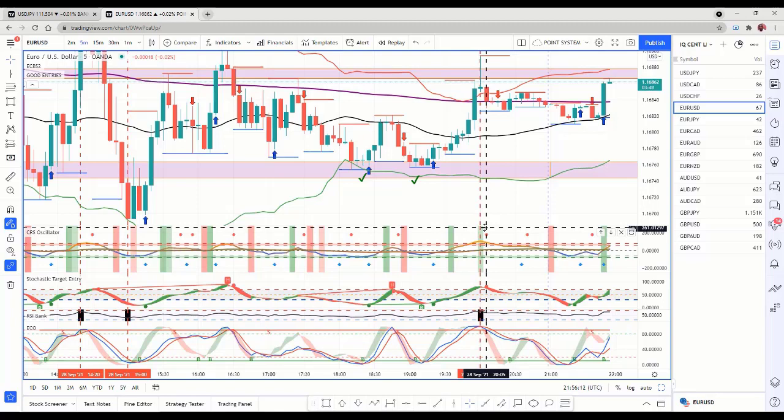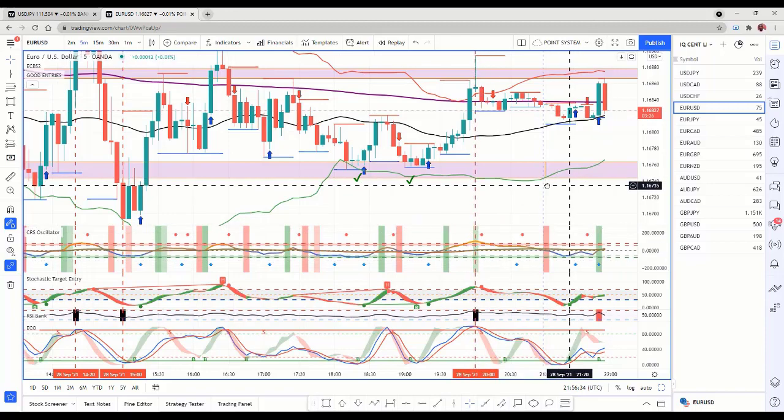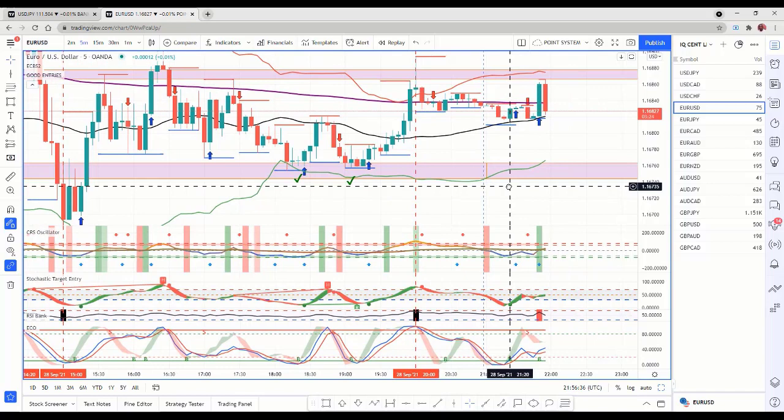I talked about the confluence areas. It's important for us to know the confluence areas. Confluence areas are key areas where we can notice activities happening. So you don't just jump into the market because you want to jump into the market.